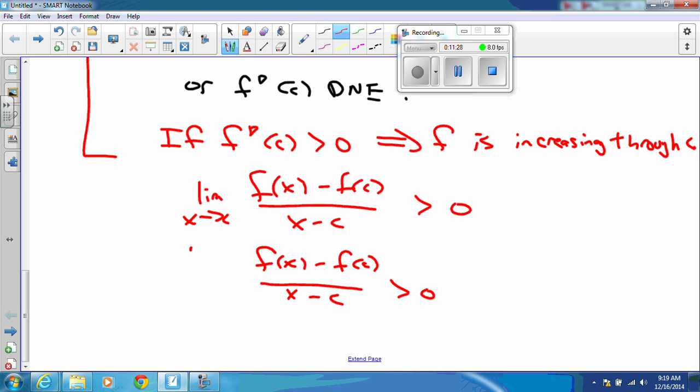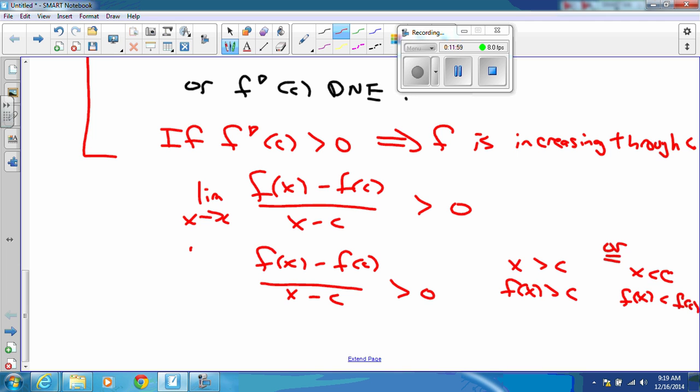And so we have only two possible cases. If x is greater than c, then that implies also that f of x is greater than f of c. In other words, if I go to the right, I go up. But if x is less than c, so I have a negative value here, then I also have to have a negative value on top there. f of x is less than f of c, so that if I go to the left, I go down.